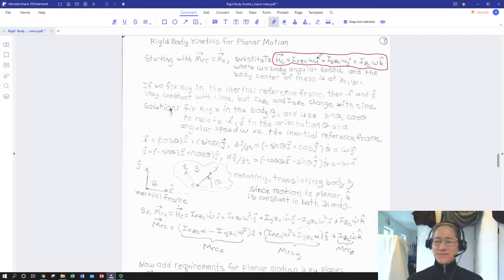And that makes it very difficult to work with and to write any kind of easy to use expression for. So what we want is some way of taking the time derivative of our angular momentum such that our inertial properties stay constant, just like mass does in F equals ma in Newton's second law. Well, that means if these stay constant, then these unit vectors are going to have to change with time. You get one or the other.